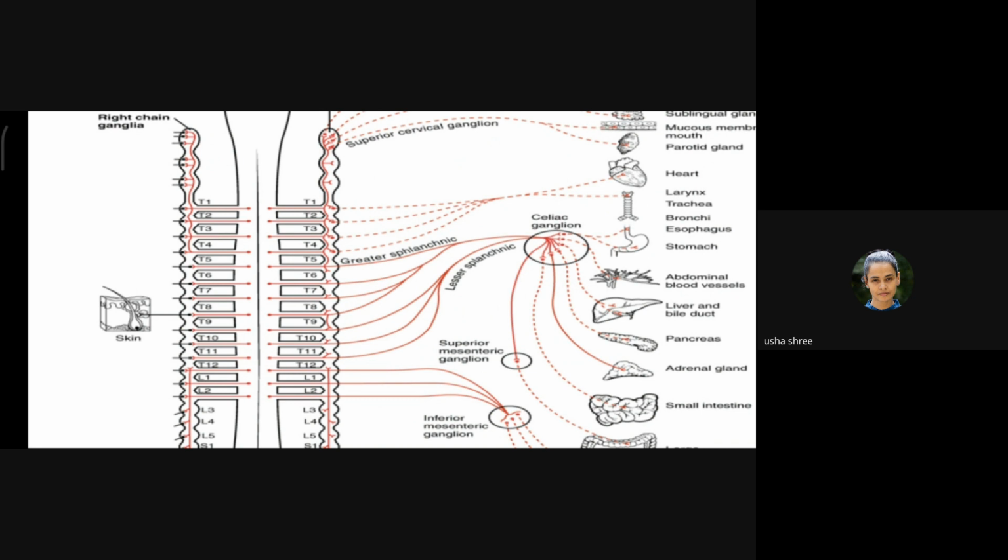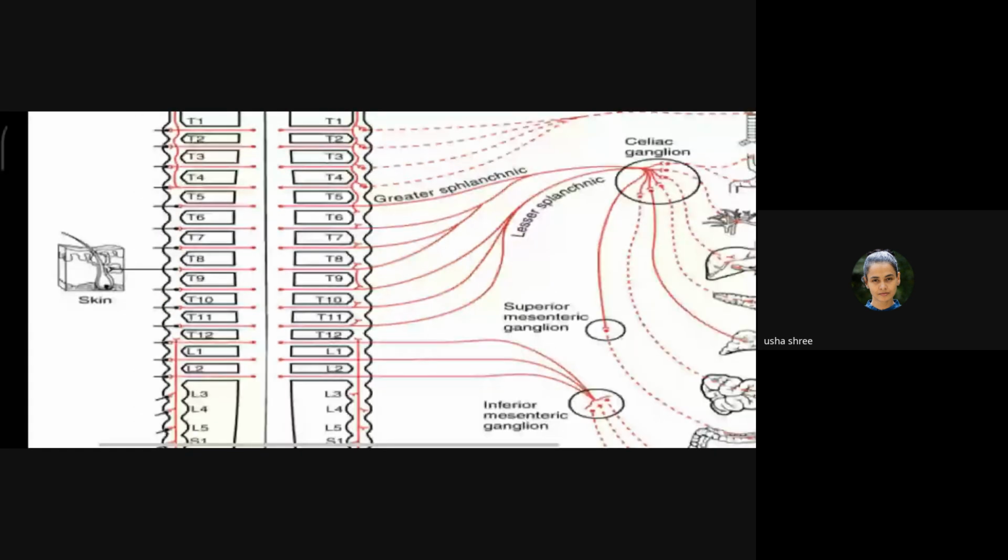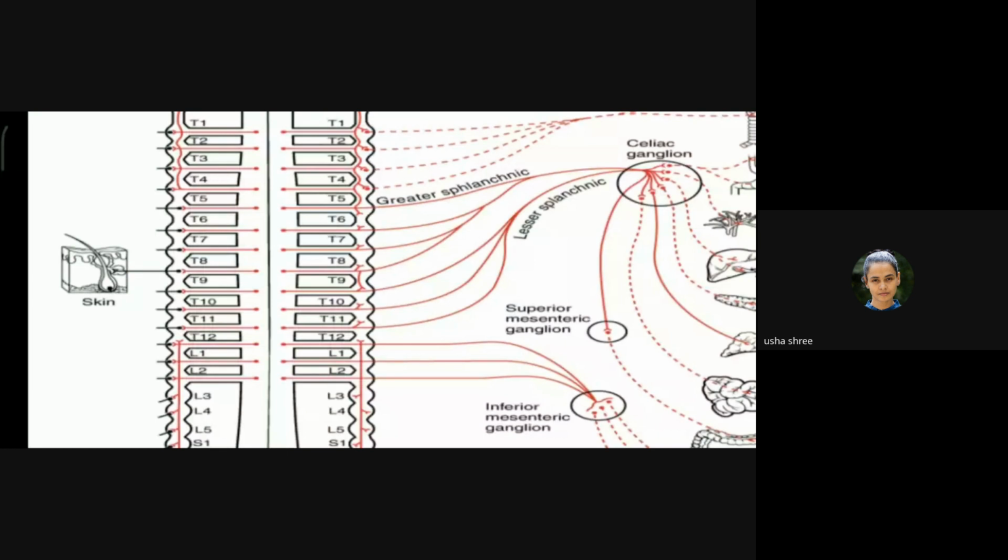You can see here these red dots or red rounds are depicting ganglions, and a chain of ganglia is present from the upper to the lower portion of the spinal cord.